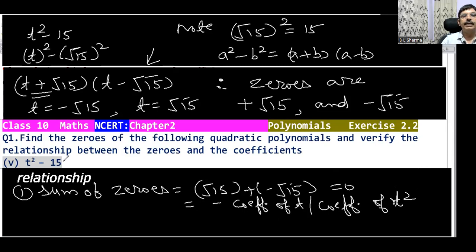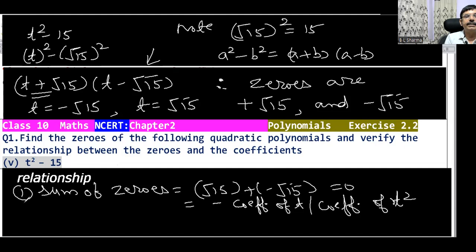Here it is t square, then directly constant term. It means the coefficient of t is 0. We can write t square minus 0 into t minus 15. So coefficient of t is 0 here.